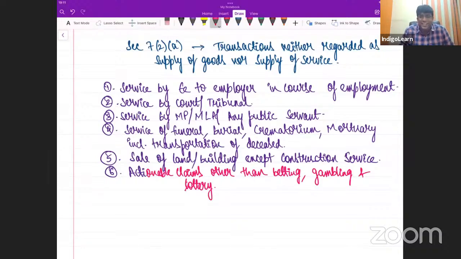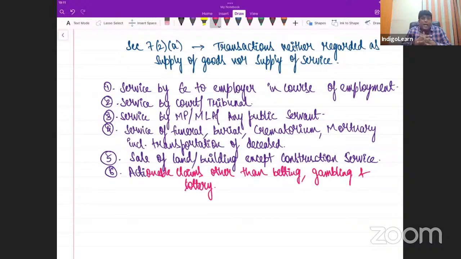No GST. Yeah, done. So friends, these are the 6 cases where it is neither regarded as supply of goods nor supply of service. What are the 6 cases? First one, service by employee to employer in the course of employment. Second, service by court or tribunal. Third, service by MPs, MLAs, or any public servant. Fourth, services of funeral, burial, crematorium, mortuary, including transportation of deceased.